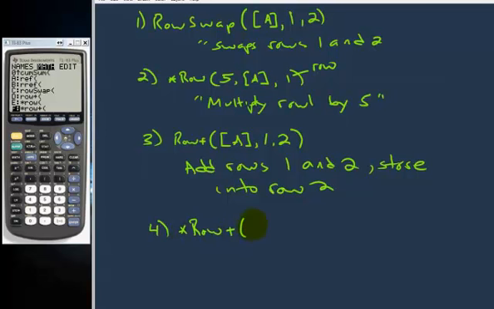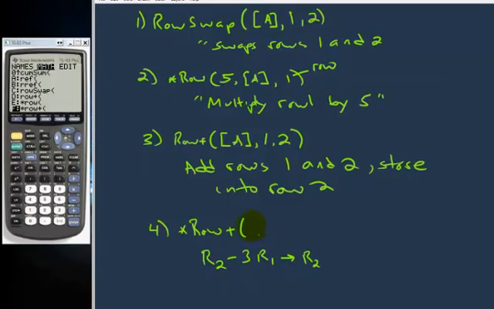The first number is what you are multiplying, like row 2 minus 3 times row 1, stored into row 2. So you multiply the first row by negative 3, add that to row 2, and store that into row 2.